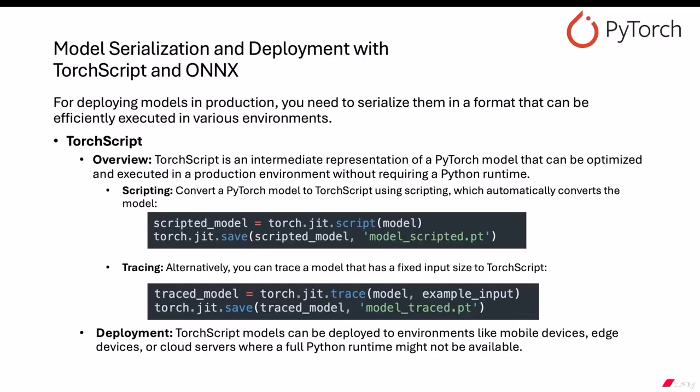Here is an example. Traced model equal to torch.jit.trace and pass the model and example input, torch.jit.save, pass the traced model and model_trace.pt. Deployment. TorchScript models can be deployed to environments like mobile devices, edge devices, or cloud servers where a full Python runtime might not be available.